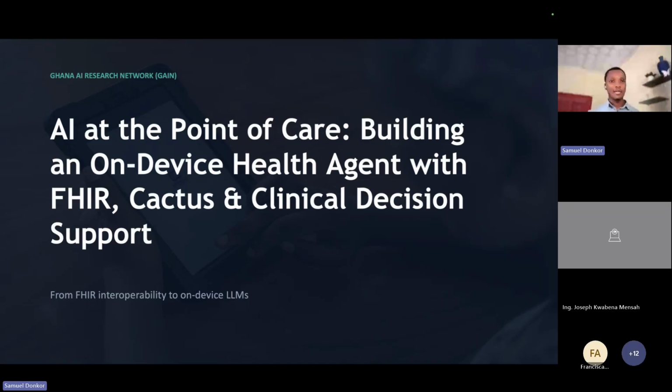Cactus is an AI inference engine. And we'll be combining these two, the best of both worlds, to build a clinical decision support system, and also a tool that could be very essential for community health workers, clinicians, and doctors in low resource settings, and also in urban clinics like in Ghana as well.